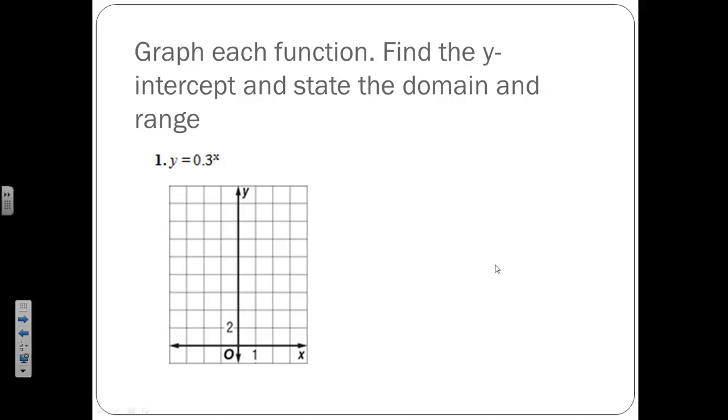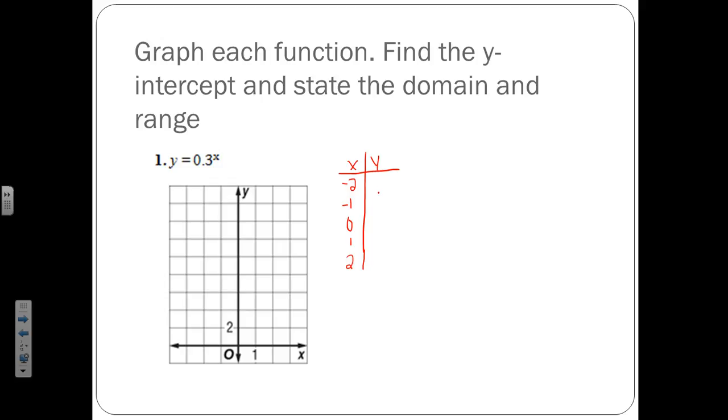So now we're going to take a look at number 1. We want to graph the function and find the y-intercepts and state the domain and range. Well, to graph the function, let's start with a table. I'm going to use the x values as -2, -1, 0, 1, and 2, but you can use any numbers you'd like.